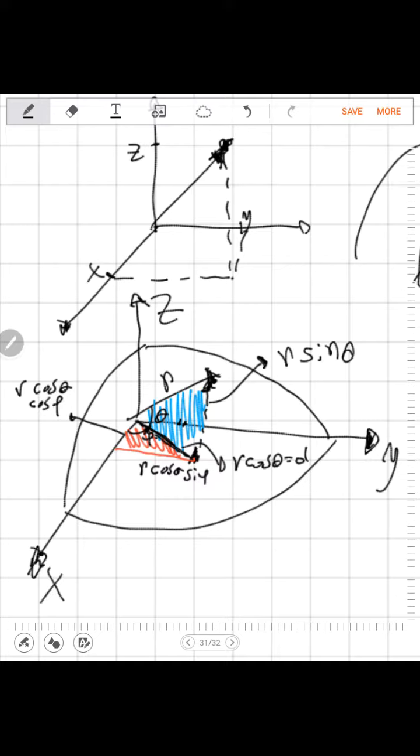We haven't done anything strange. What we do is the projection of r times cosine of theta in the y plane and in the x plane, and we see that corresponds to the x and to the y in each case.